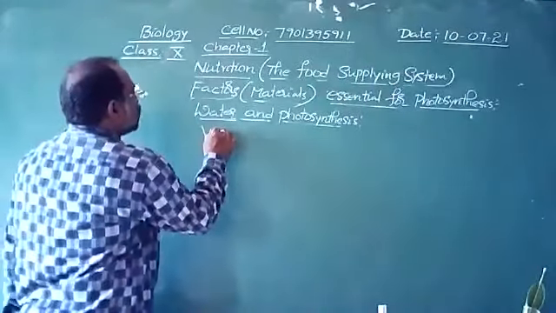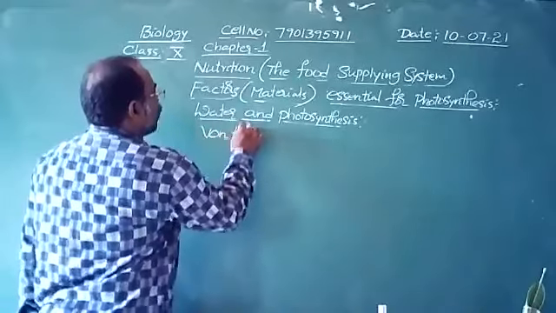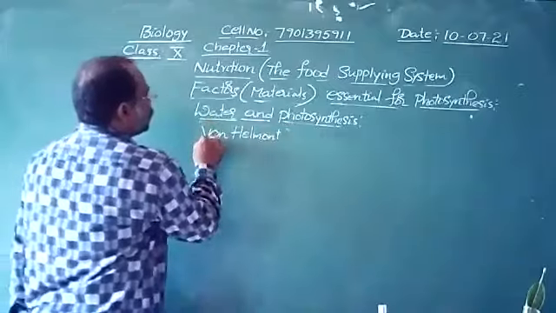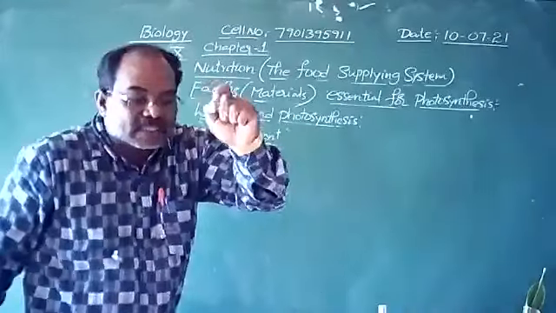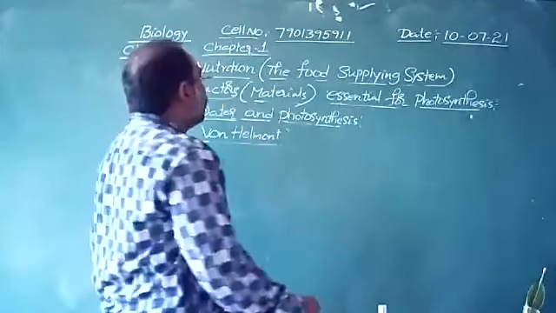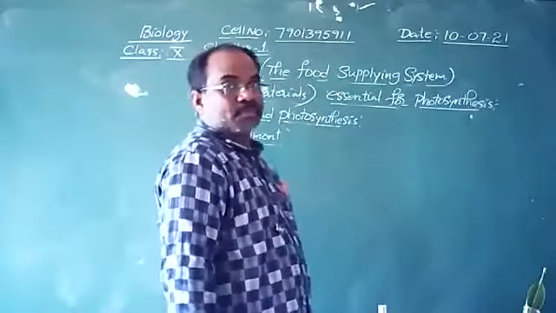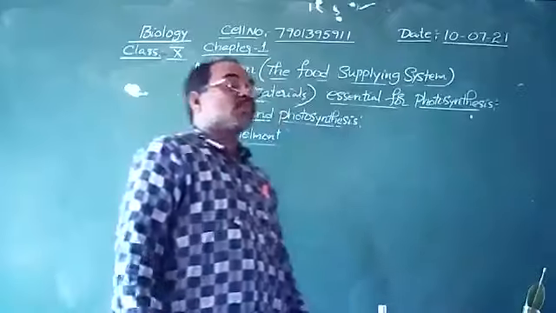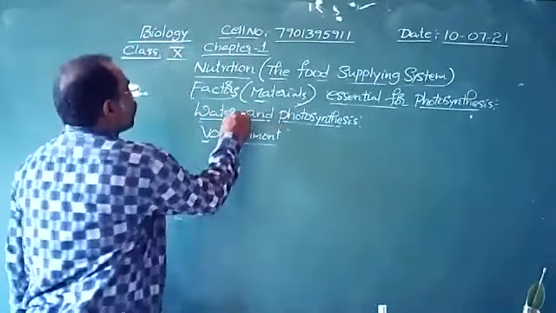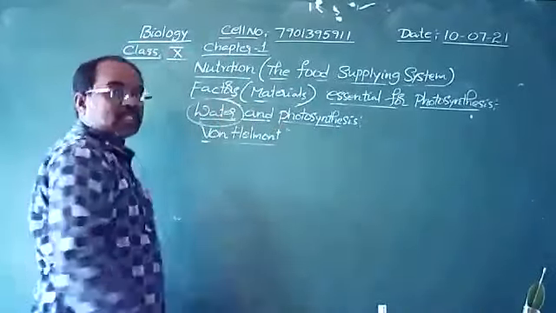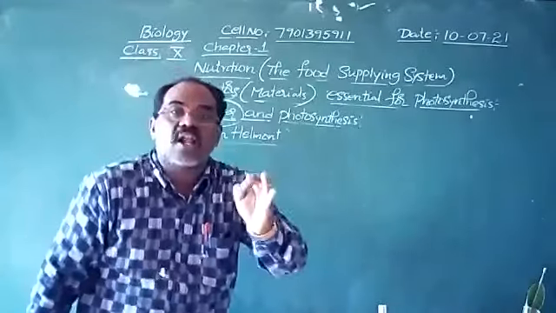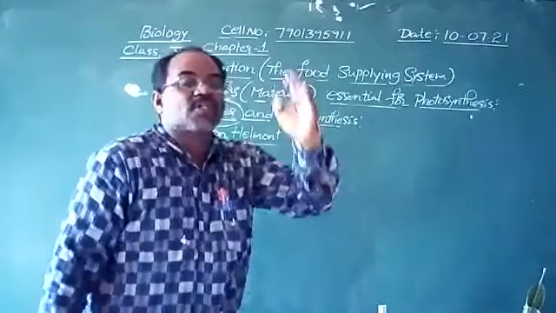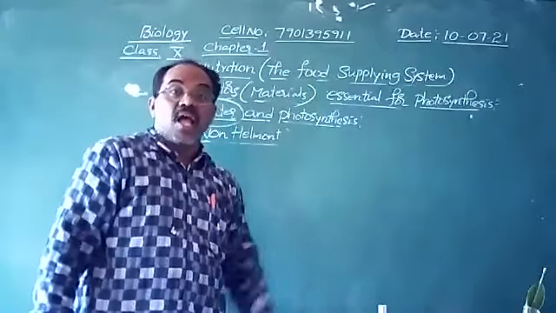One of the biology scientists, Von Helmont, found that water is essential. Water is one of the important factors for the process of photosynthesis.